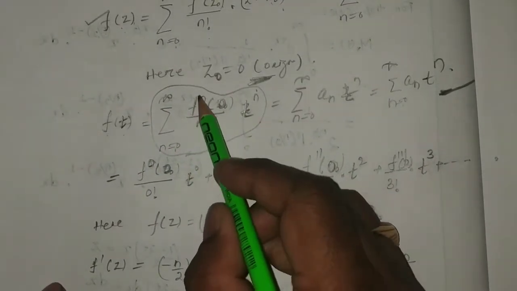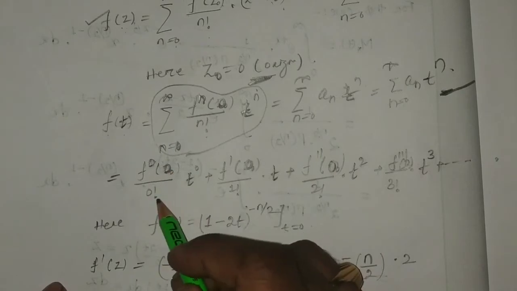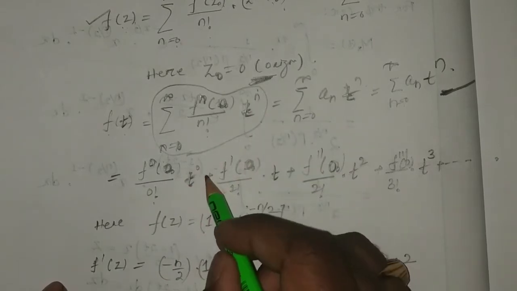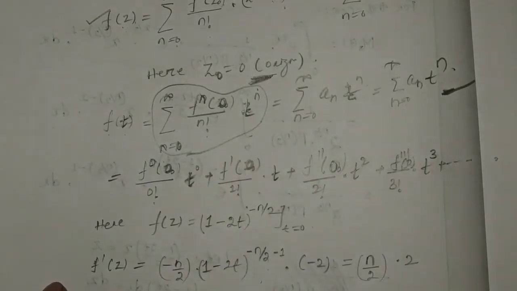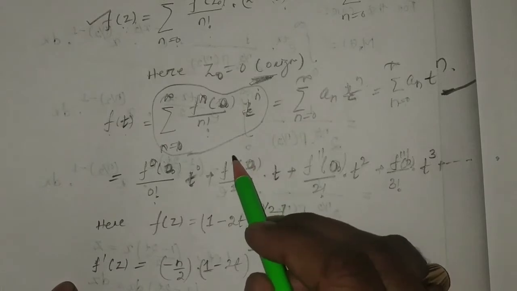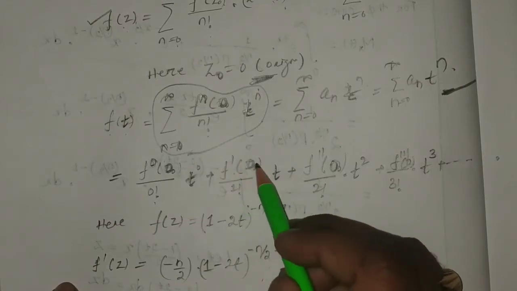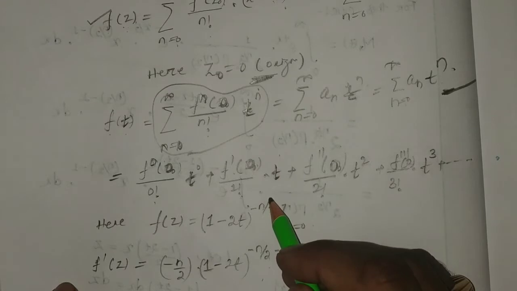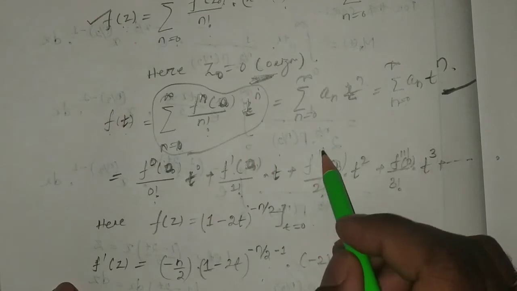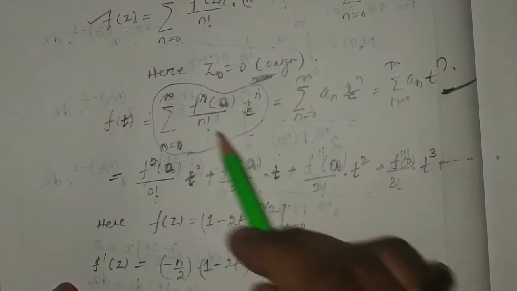If n means the nth derivative, then putting n equal to 0 gives f(0) by 0 factorial, t to the power 0, plus f dash(0) by 1 factorial into t to the power 1, where for the first derivative we put the value of t as 0. Putting n equal to 2 gives the second derivative of f(t), with t equal to 0, by 2 factorial, t to the power 2.